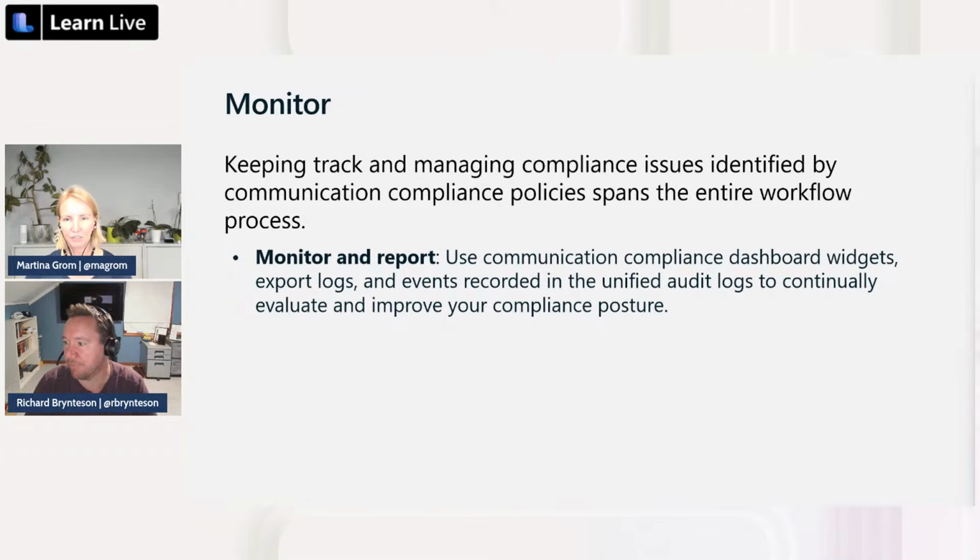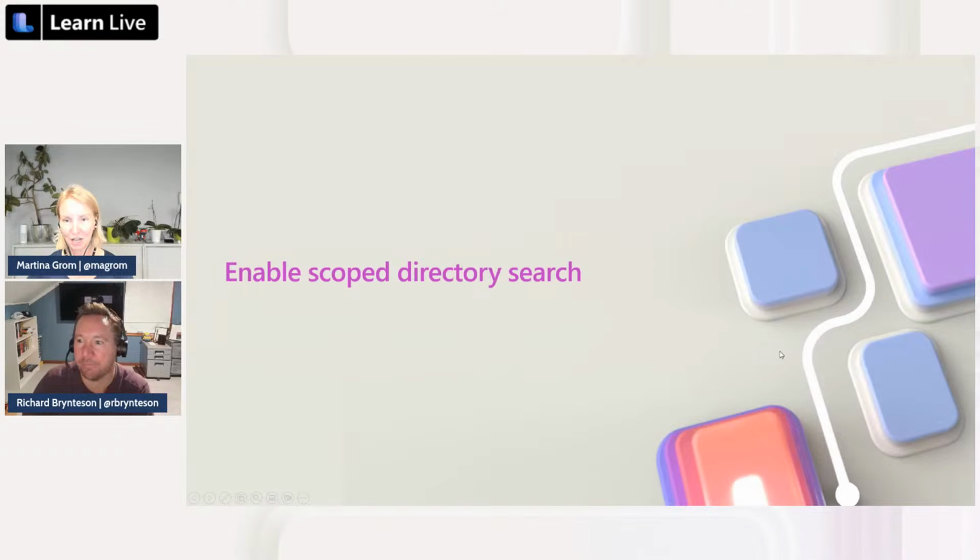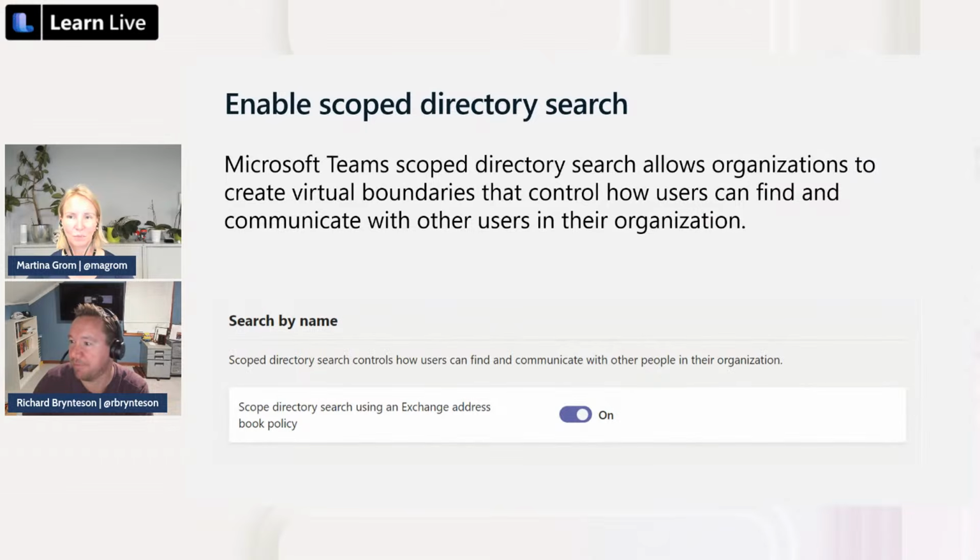For me, scope directory search is kind of a legacy configuration which comes out of Exchange. With scope directory search enabled, Microsoft Teams uses the same functionality, and it allows organizations to create virtual boundaries within Microsoft Teams that control how users find and communicate with other users in their organization.